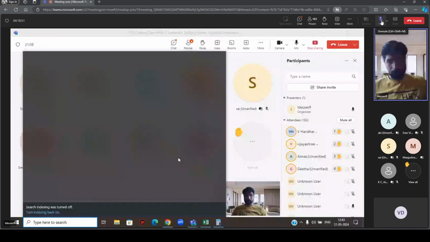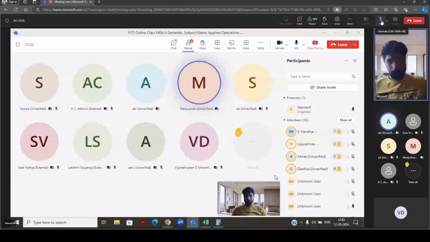Go see the paper now. You people don't see the paper. You just come and tell only 10 marks is there. One compulsory question is there.